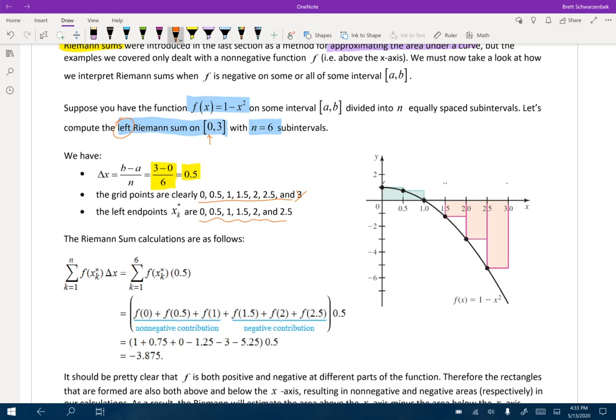If you look at the picture here, this is a graph of 1 minus x squared. From that graph, we're creating a situation where all the left points of the rectangles create the heights.